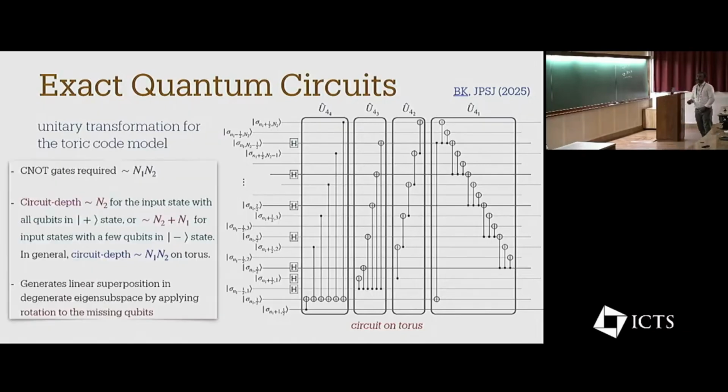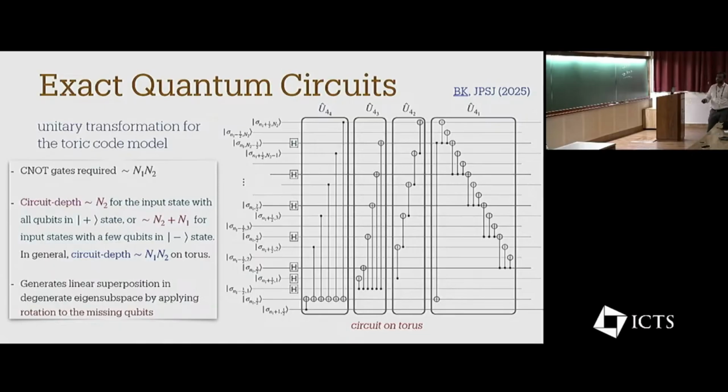The number of CNOT gates required is extensive in the number of qubits, but the circuit depth can be sub-extensive for the ground state manifold. However, in general, because of periodicity, the circuit depth will be extensive. On planar codes it is always found to be sublinear, but on a torus, if you want to construct a Toric code eigenstate, it may require extensive circuit depths.